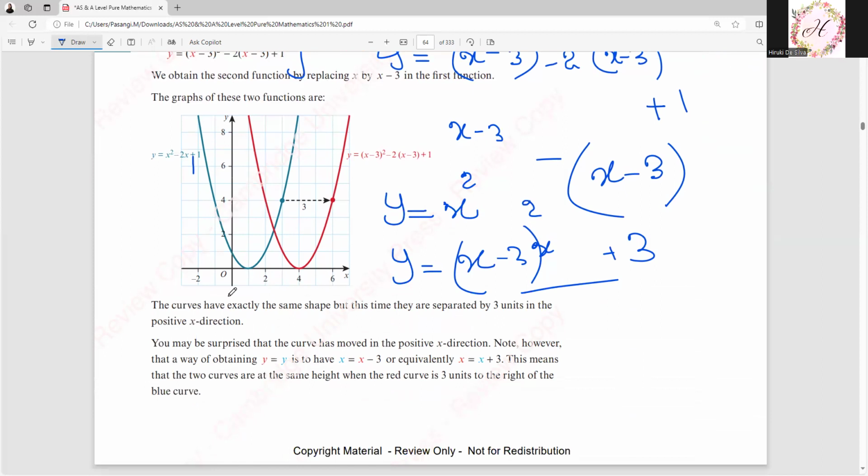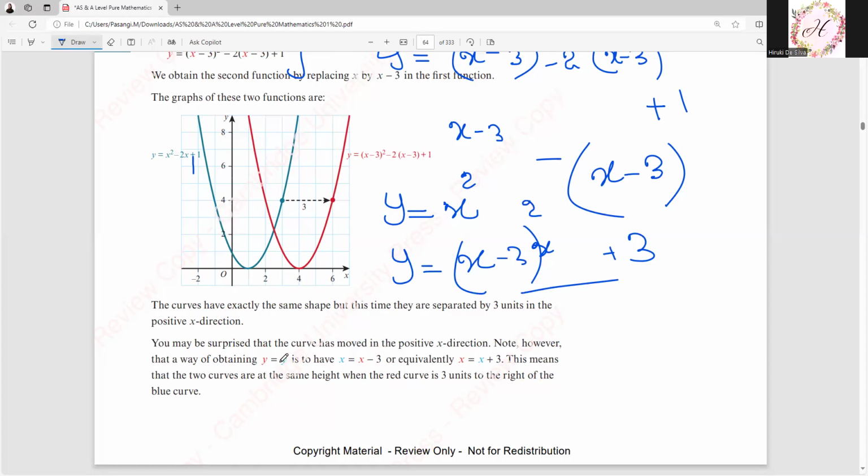Then it says the curves have, these ones now are already curves, no? So the curves have exactly the same shape, but this time they are separated by 3 units in the positive x direction. So you may be surprised that the curve has moved in the positive x direction.